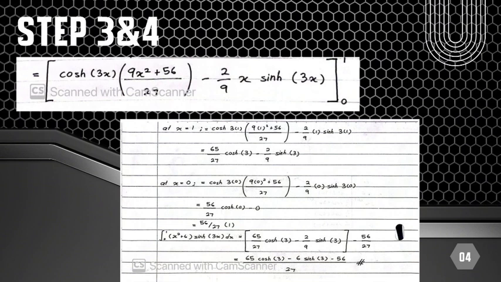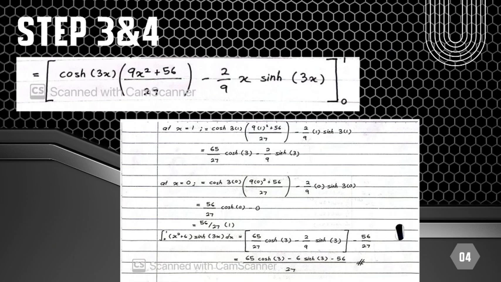Then simply substitute the values 1 and 0 for all the x's in the bracket. For x equals 1, substitute 1 into the equation, and for x equals 0, do the same with 0, and you will be left with equation 1 and equation 2.